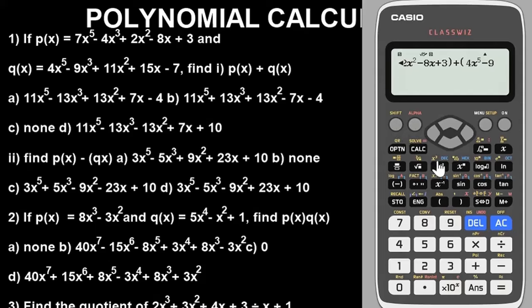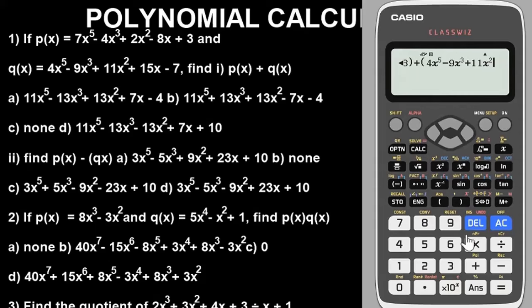You can choose to press Shift and this to bring out x first, alpha x, then you can press this to come out. Plus we have 11x squared; you press Shift and this, sorry guys, I didn't put x, then you can press this.